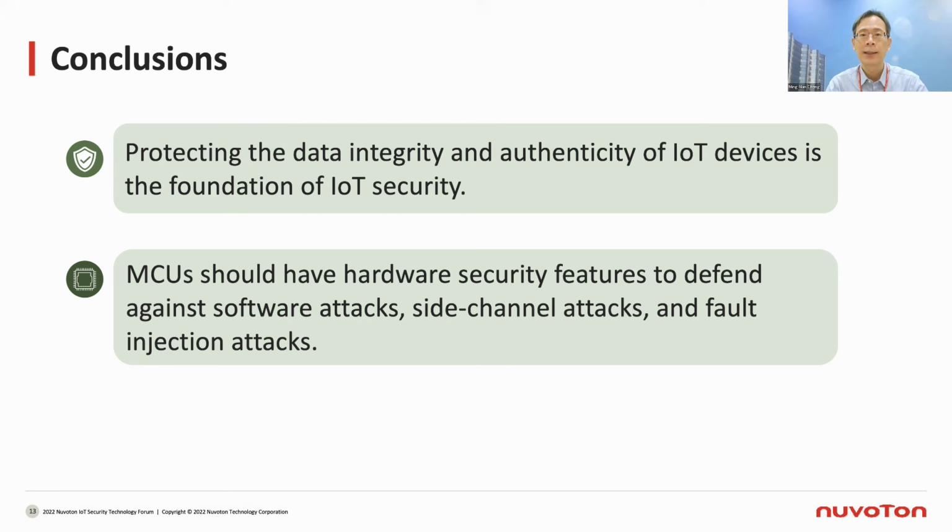Therefore, protecting the data integrity and the authenticity of IoT devices is the foundation of IoT security. To protect data on IoT devices, MCUs should have hardware security features to defend against software attacks, side-channel attacks, and the fault injection attacks.